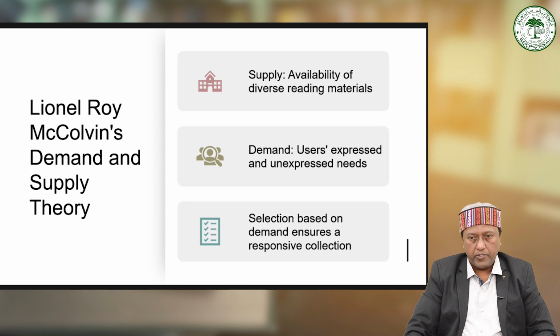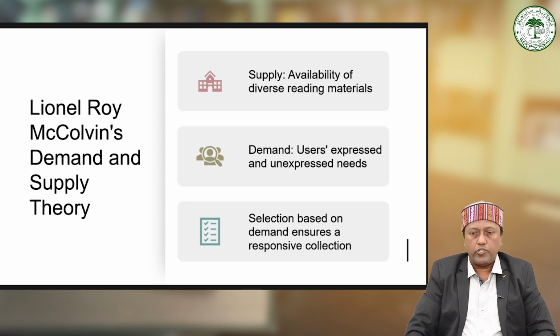prioritize for their collections. McColvin's principle also advocates for the selection of only those documents that are demanded by the user for their informational needs. Librarians should prioritize materials that are relevant, useful, and sought after by the library's user community.